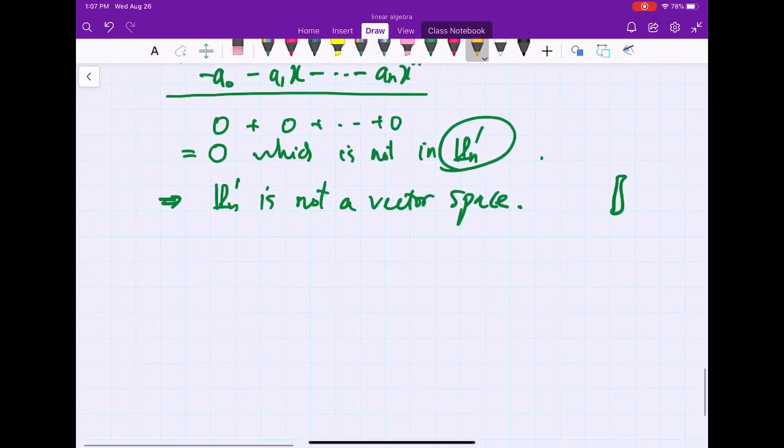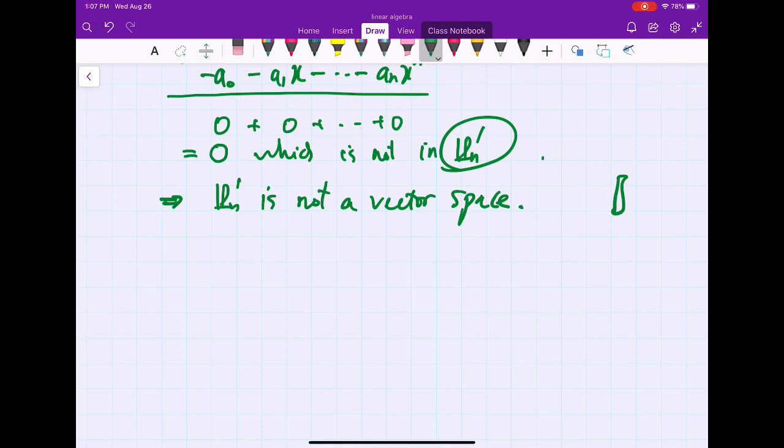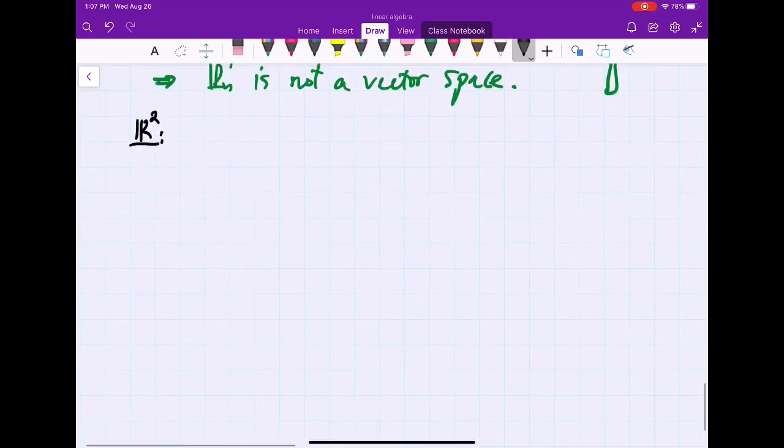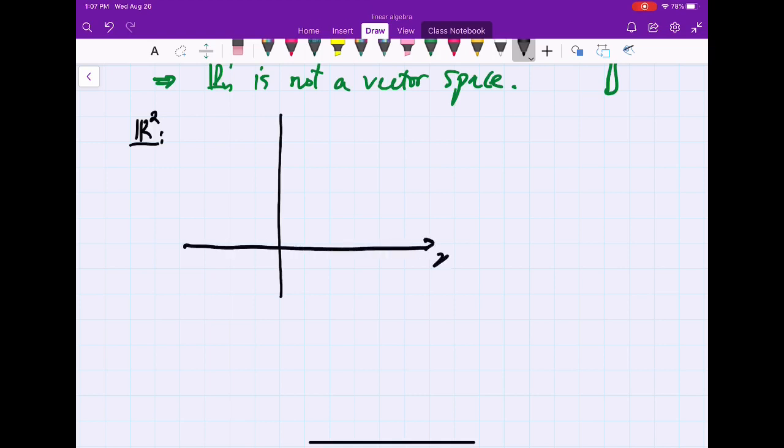And that is a well-known example. When we consider the equation of a straight line on the plane. Okay? Let's say R2. We learned about this already. Last time you have x, y, so that is R2, right? Let's say you have some straight line like this, and another straight line which passes through the origin.